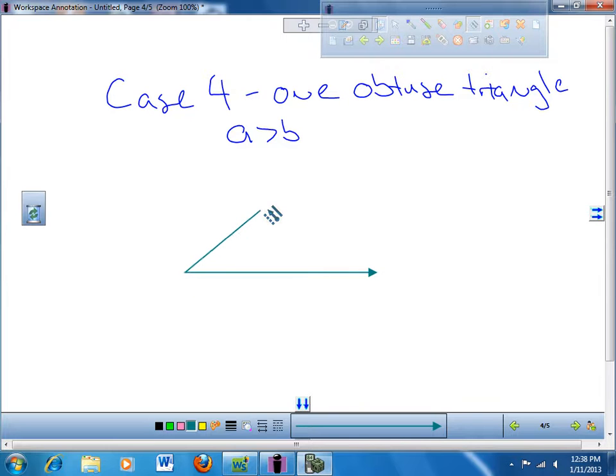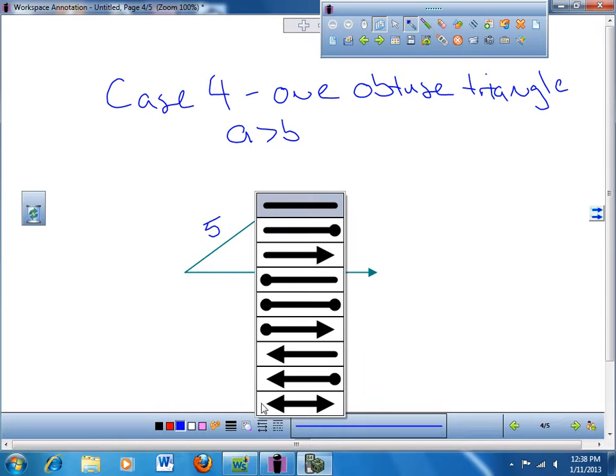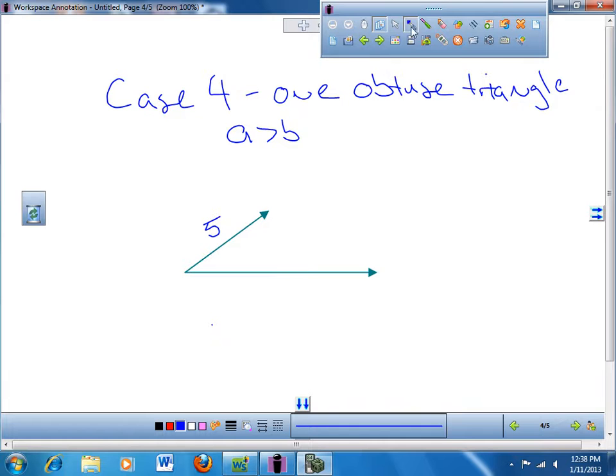I'm going to call this side, this time, 5. And then this one over here is going to be like 7. Okay? So you know that this side, you don't have to find the height in this case.